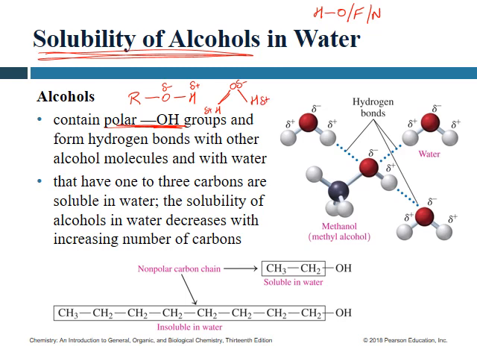So this hydrogen from the alcohol can form a hydrogen bond with the oxygen in water. And that is why this group increases the solubility of alcohols in water. The more hydrogen bonds it can form, the more soluble it will be in water, because it has more interactions with water.